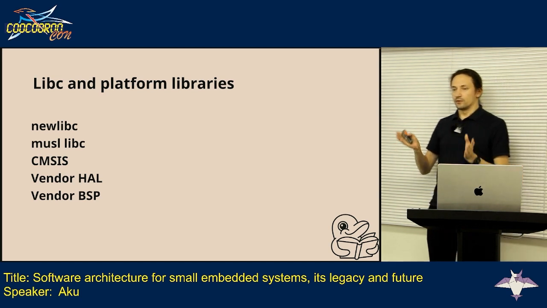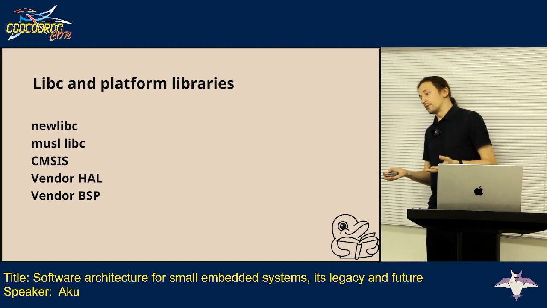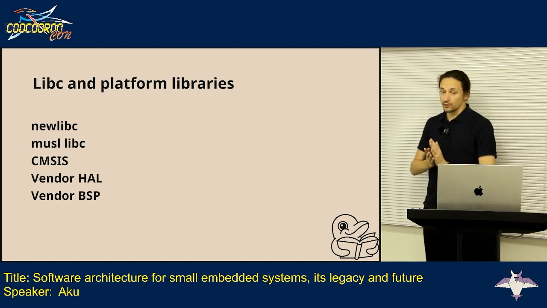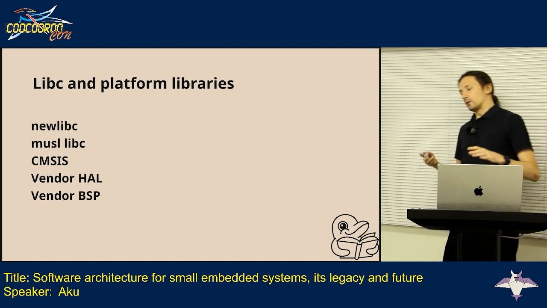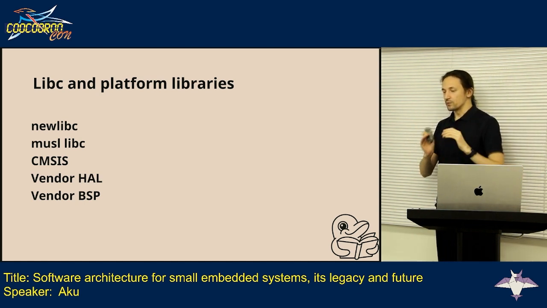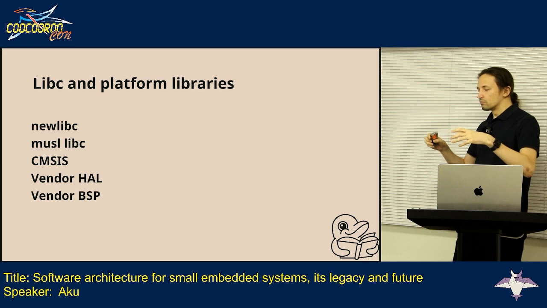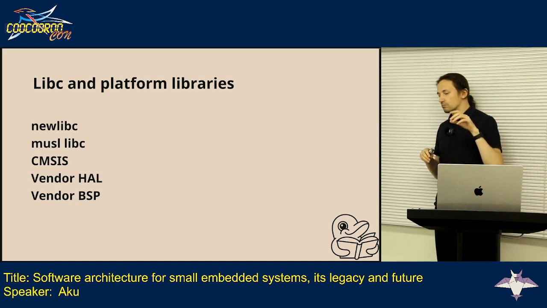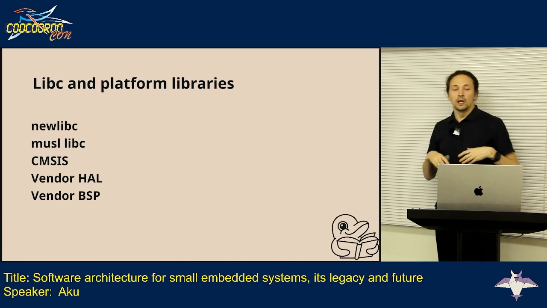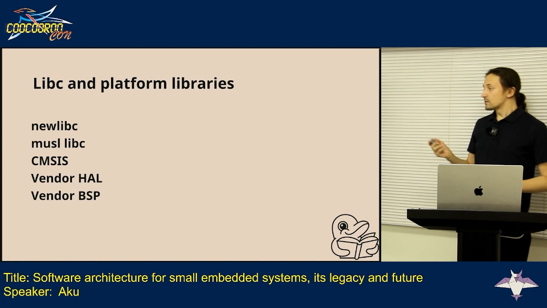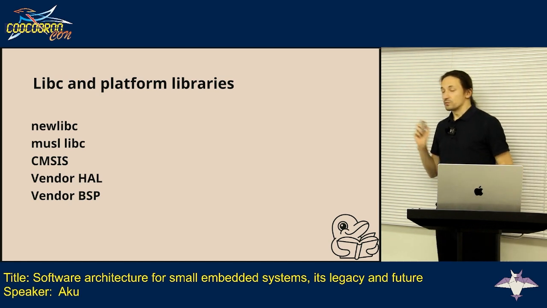Let's say we have a UART block. We definitely want to have at least receive and transmit methods. And that's what the vendor HAL usually does. And then on top of that, when this microcontroller is placed on some board with specific blocks, specific connectors, specific power supply, you probably would want to also explain what kind of things are around this board. And that's what the vendor board support package is doing.